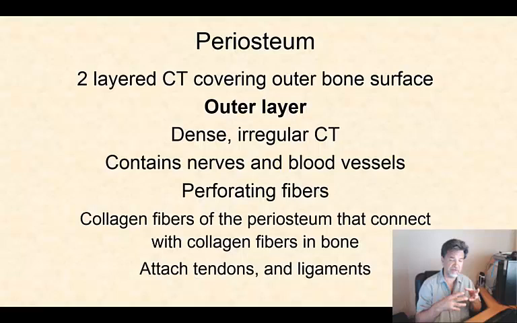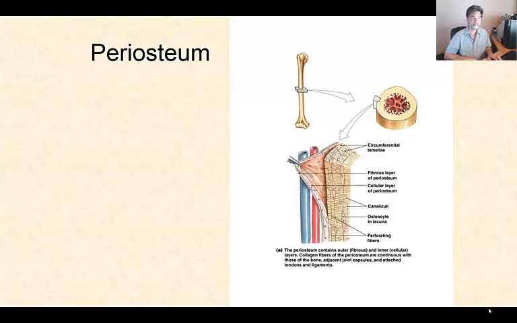So these perforating fibers are collagen fibers that connect to collagen strands in the bone as well. And so the tendons will reach out to these perforating fibers, so by these tendons from the muscles attaching to the perforating fibers that are attaching into the bone as well. So, very painful injury if you've ever experienced it.